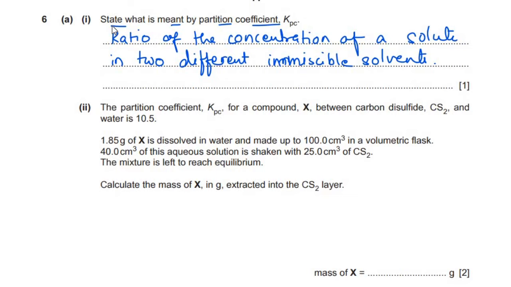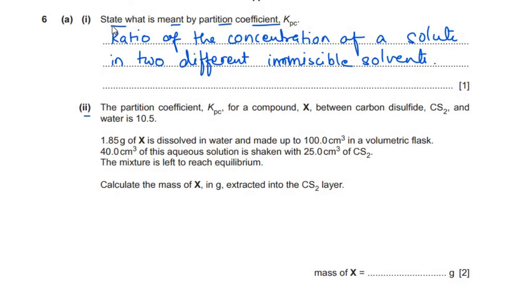So I'm repeating, it is the ratio of the concentration of a single solute. The solute is not changing, it's the same solute, but the concentration is in 2 different immiscible solvents, so the concentration will be differing, and that ratio is the partition coefficient.